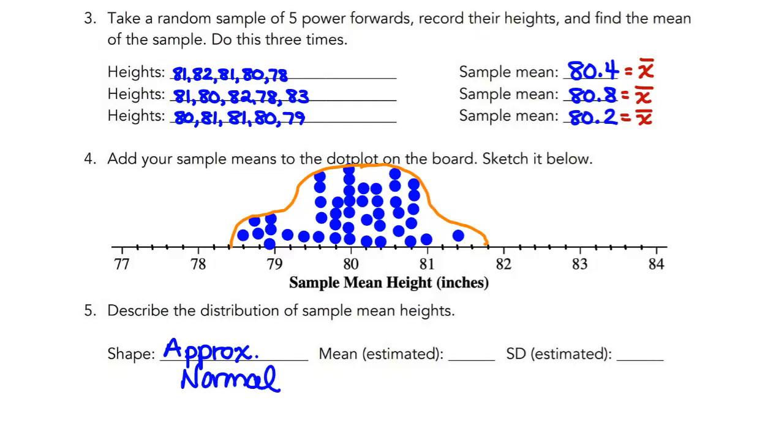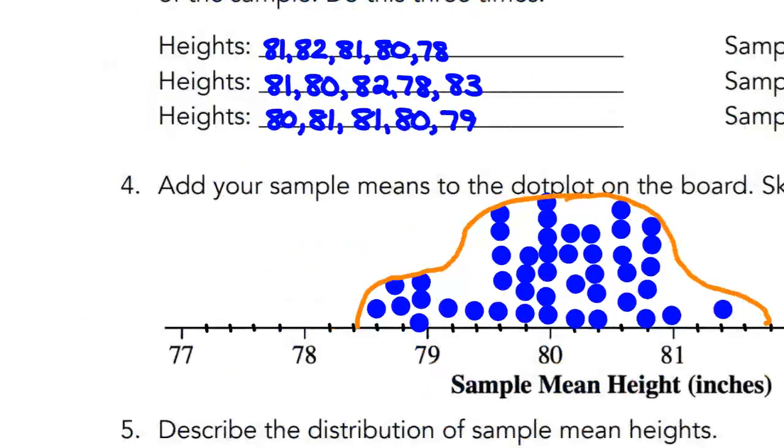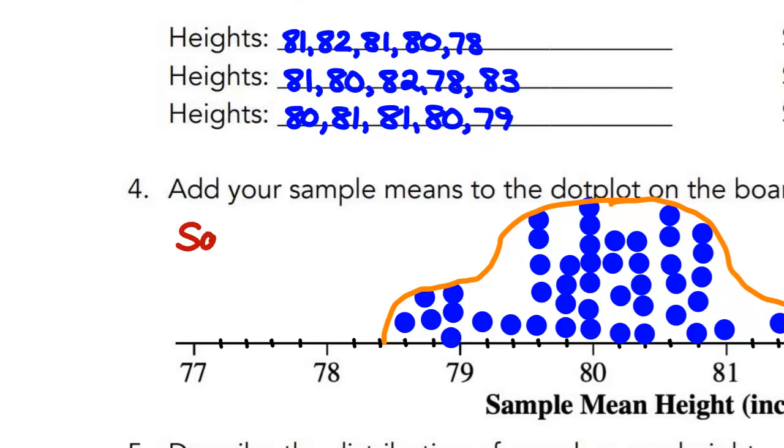But honestly, when we're doing these sampling distributions, approximately normal means I'm unimodal. It doesn't have a really strong left skew or a really strong right skew. This is my sampling distribution of X bar.